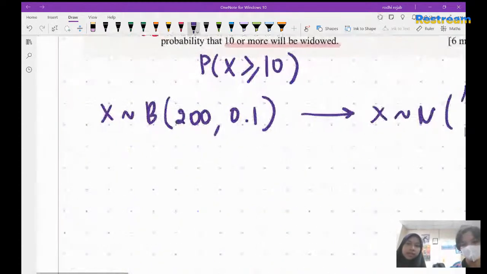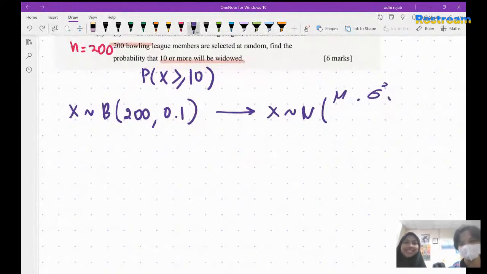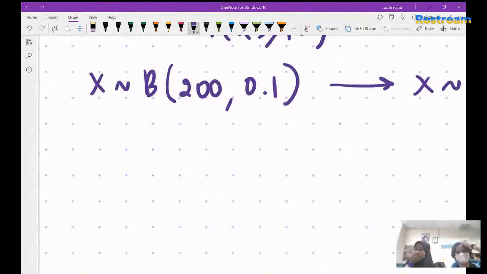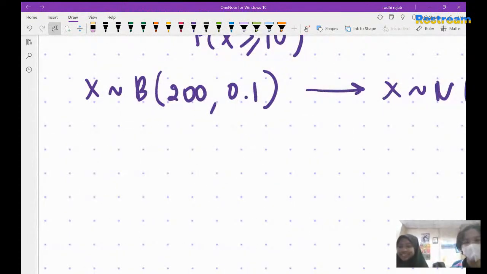So variance, if there's a square. Okay. First, from binomial we know that mean equals NP.